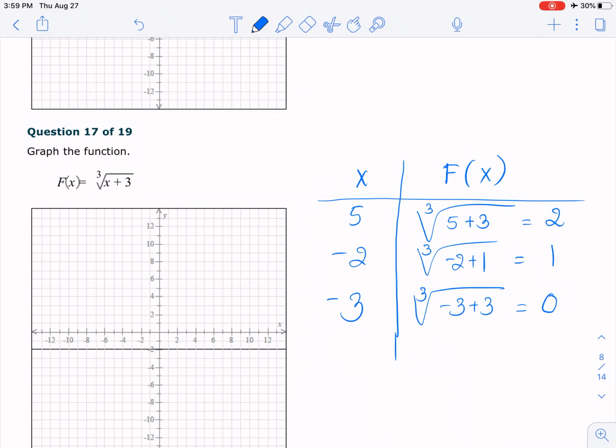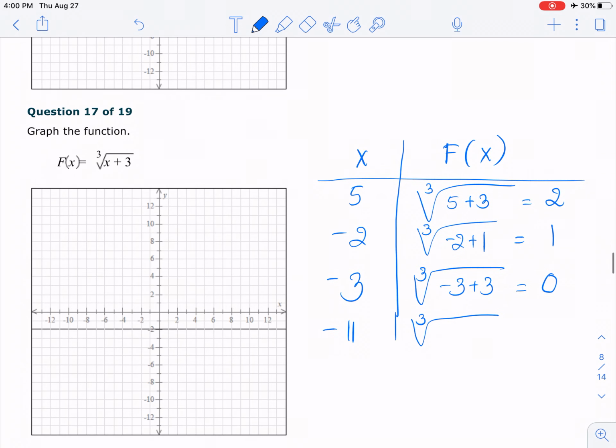Okay, let's try to make another negative number. How about -11? In this case, I'm going to get -8, and when I take the cube root, I'm going to get -2.